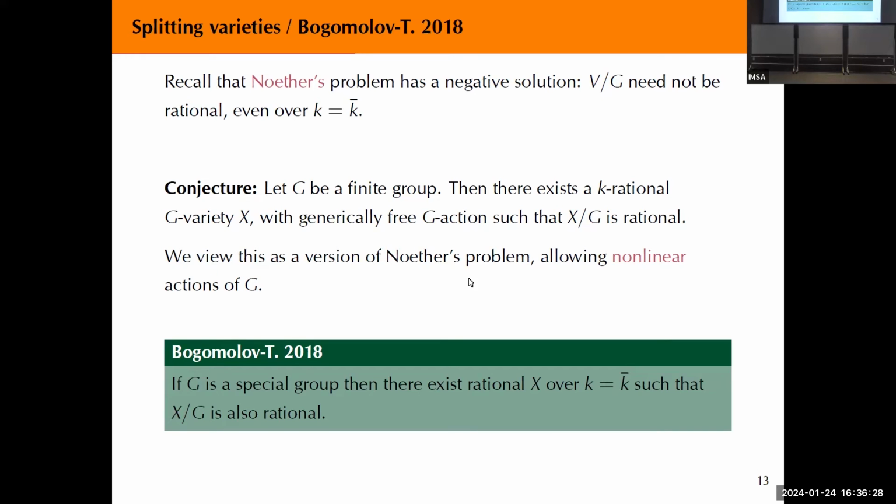Then we need to prove that for such groups G there is some rational variety X, not only linear action, nonlinear action, because the quotients are rational.